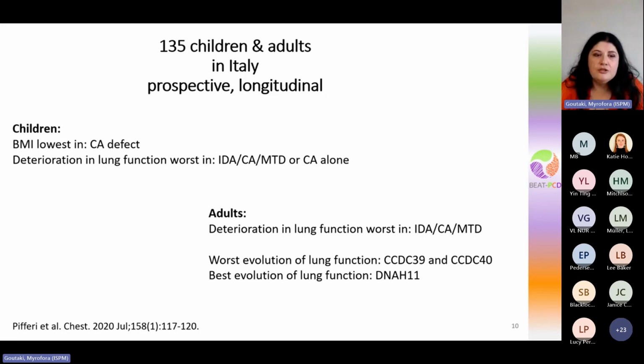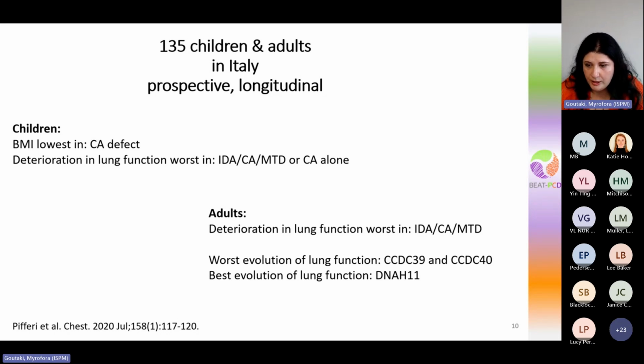They found that the children with the lowest BMI were children with central apparatus defects, and they were also the ones, together with the microtubular disorganization group, that had the worst lung function. The same finding was seen in adults.